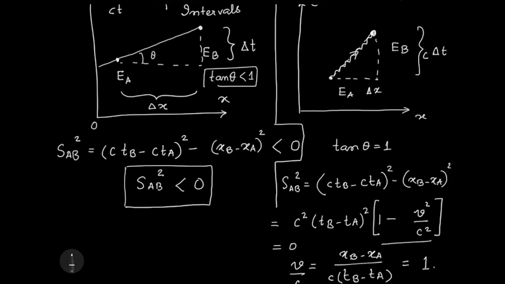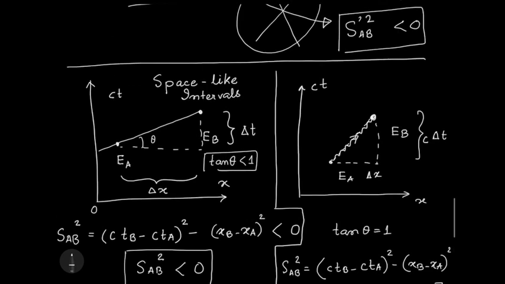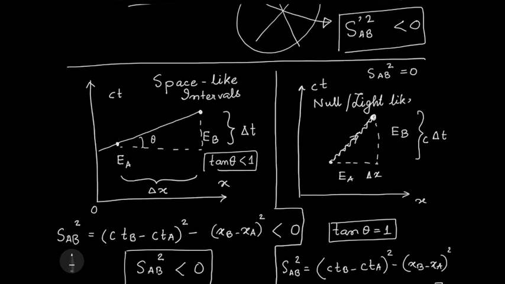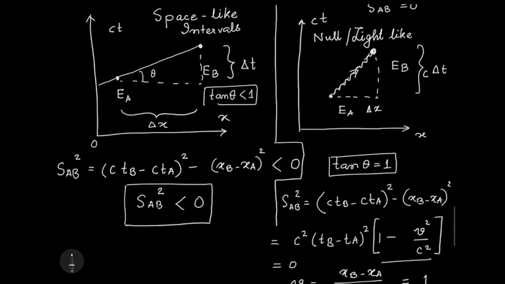So c by c becomes 1, 1 minus 1 here is 0. So in this case, tan theta is 1 and S_AB squared is 0. So these are called null, because null means 0, or this happens only on the trajectory of light, so they are called light-like intervals, which I don't have space to write.